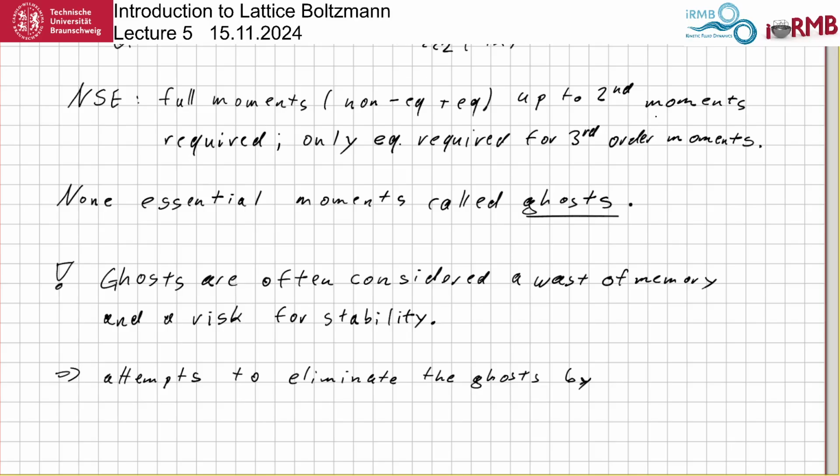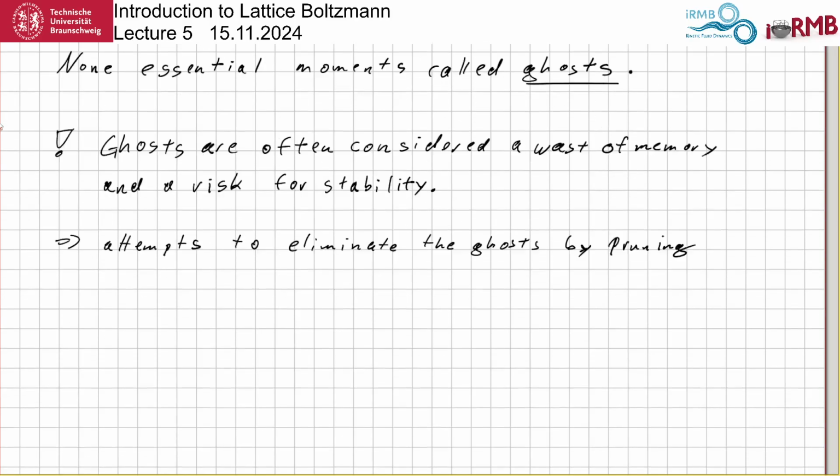Why do we choose a velocity set that has more moments than we need? We can use another one, and this is what we are usually doing. We're not usually doing this, but we're using pruning.